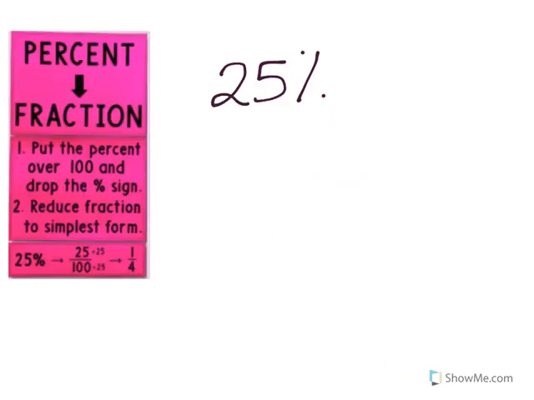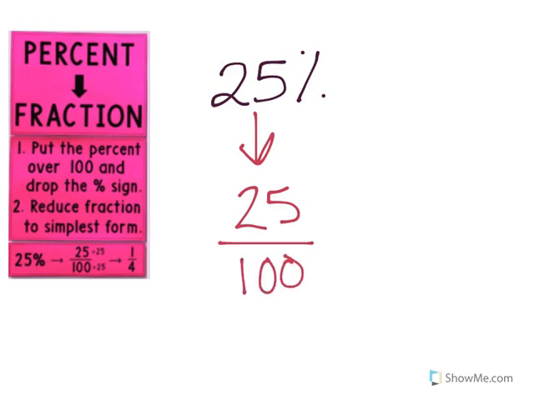Looking at this second example, if we are going from a percent to a fraction, you put the percent over 100 and drop the percent sign. Okay, so we're going to do this with 25%. So I'm going to take 25, put it over 100, and not include the percent sign.